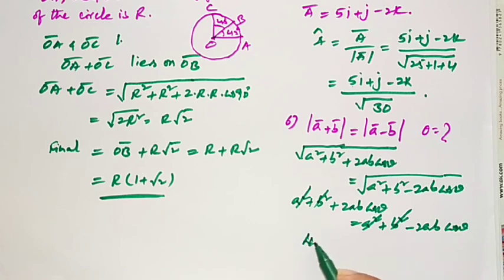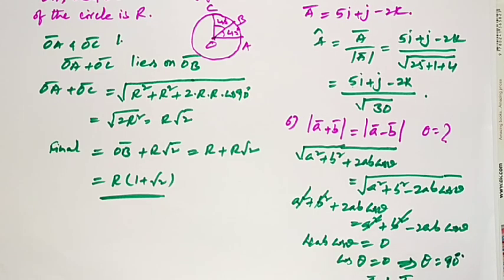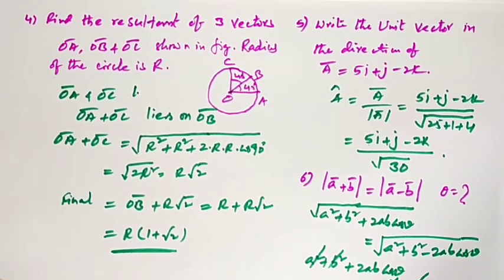If 2AB comes to this side, this is 4AB cos theta equals 0. Therefore cos theta is 0, which is possible when theta is equal to 90 degrees. That means both the vectors are perpendicular to each other. Got it? In this way questions will be asked in competitive examinations and one can solve them easily.